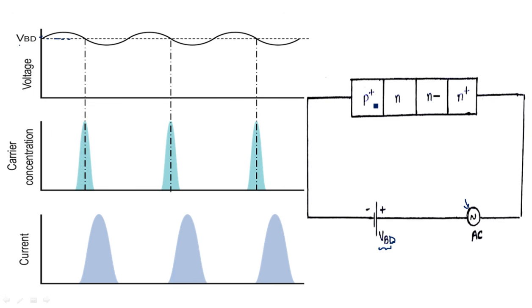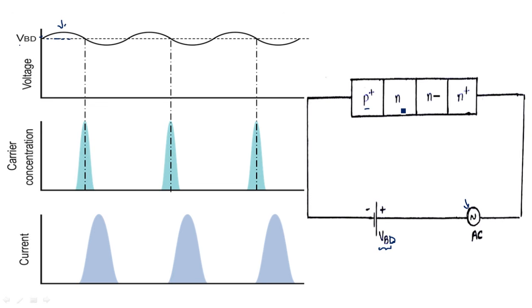Because of the negative supply to the P plus and positive supply to the N plus, the diode enters the reverse bias condition. During the positive peak of this AC signal, the breakdown region is more, because it is already given the breakdown voltage.